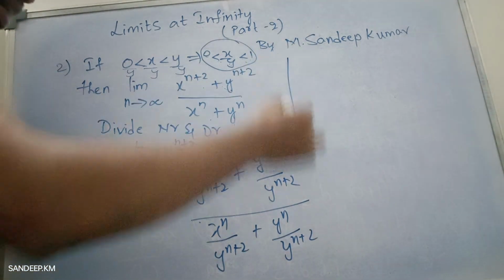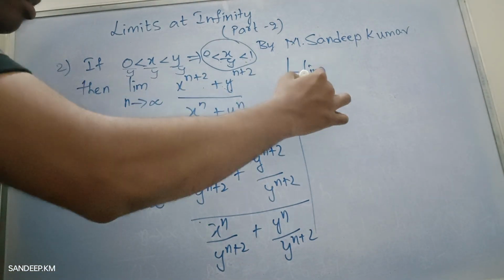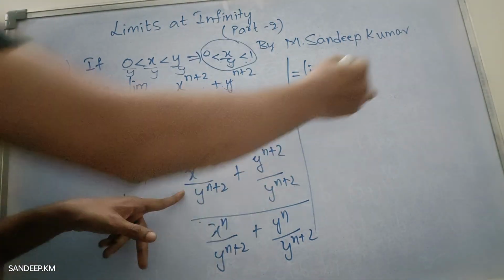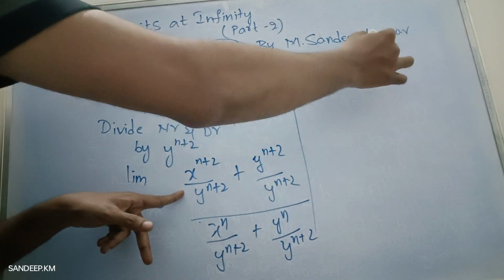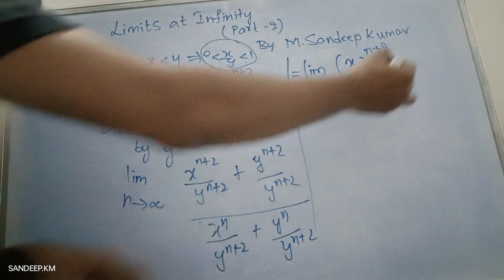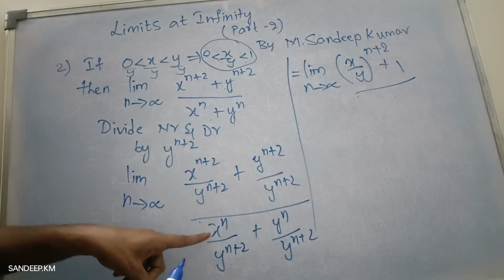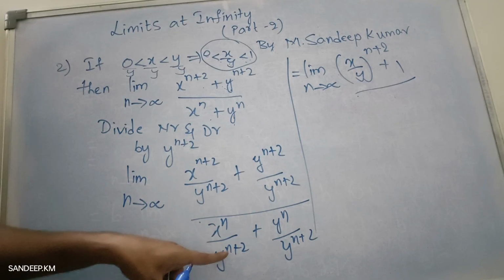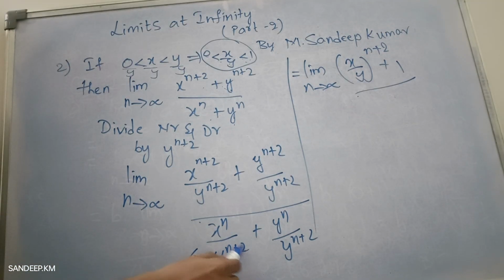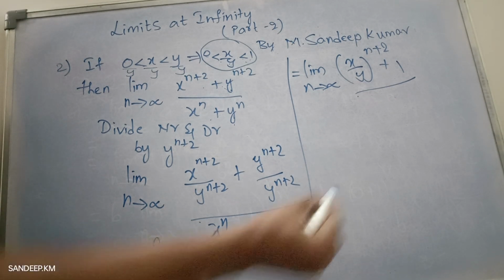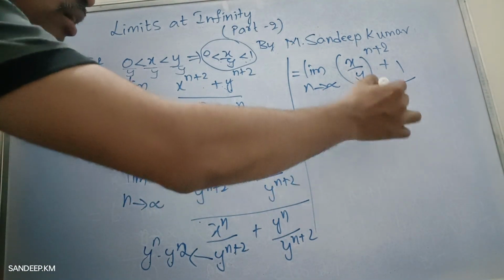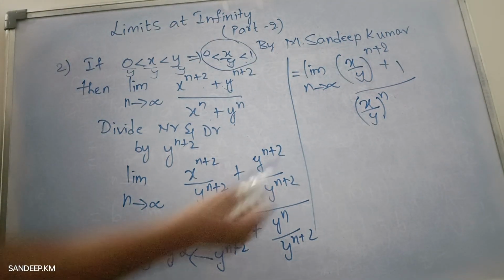So dear students, after simplification, this will become x by y whole power n plus 2, plus 1, whole divided by, you can understand that this is x power n divided by y, this becomes, a power m plus n, a power m into a power n, so y power n into y square. The denominator becomes y power n into y square. So x power n divided by y power n with denominator y square, I can write as x by y whole power n. X power n by y power n is x by y whole power n.